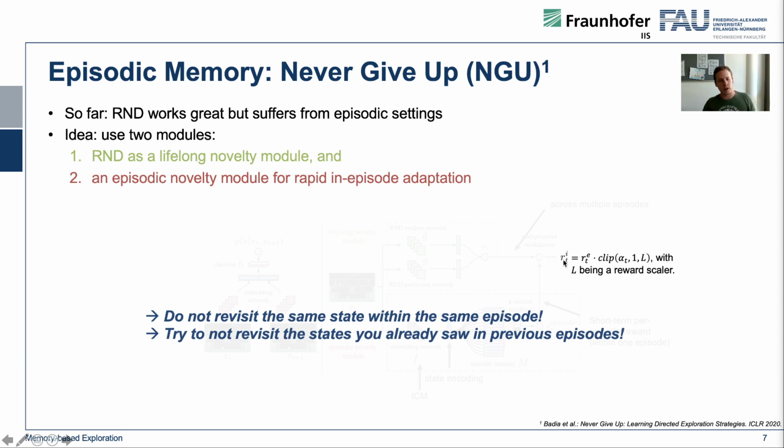The general idea of what NGU wants is that NGU tries to enforce that we do not revisit the same state within the same episode, because then there would be a high similarity with samples from the episodic memory. We also try not to revisit the states that we have seen in previous episodes, which is introduced using the RND module that's capable of doing the lifelong learning.